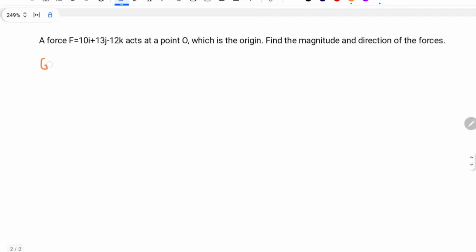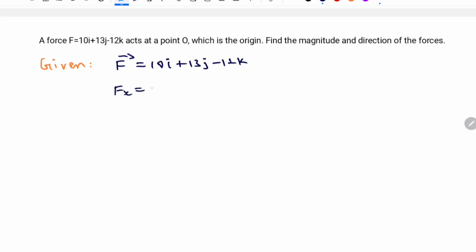Let us start with the given data. F vector is equal to 10i plus 13j minus 12k, which means that Fx is equal to 10, Fy is equal to 13, and Fz is equal to minus 12.